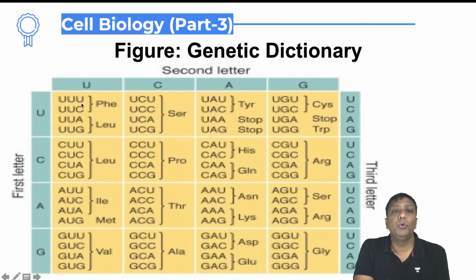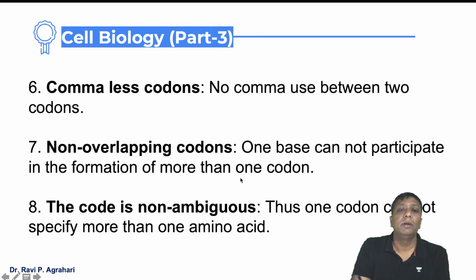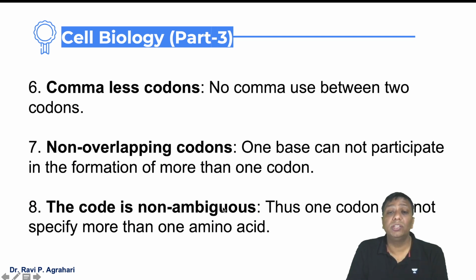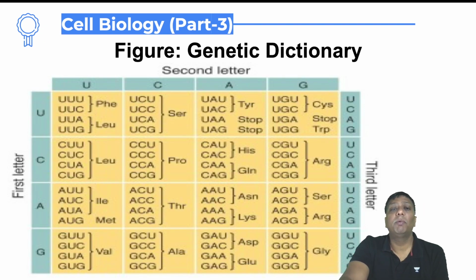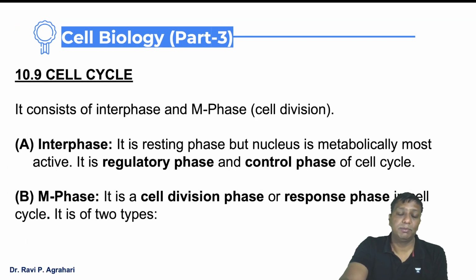If I ask you which amino acid UUU represents? Only phenylalanine. Phenylalanine can be represented by many genetic codes, but UUU only phenylalanine. UUU is not responsible for leucine or anyone else. That is the reason I am telling you the codon is non-ambiguous: one codon cannot specify more than one amino acid. So I hope you are very clear with the genetic dictionary concepts.